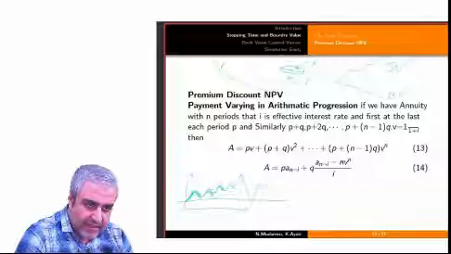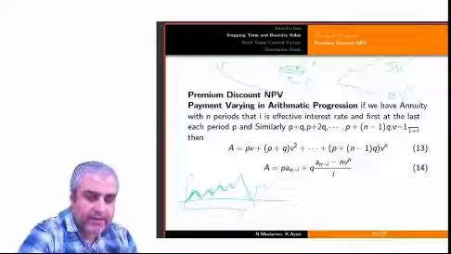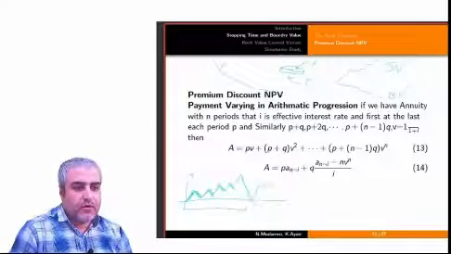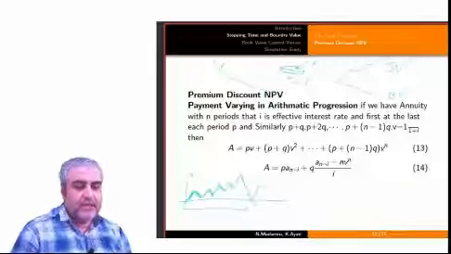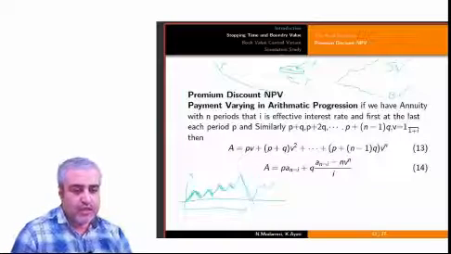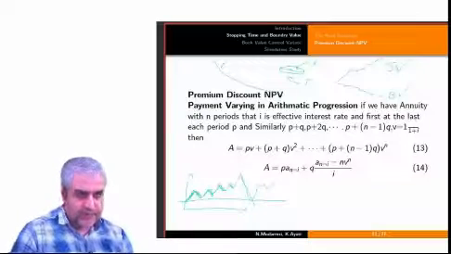We model the book value in arithmetic progression, payment varying in arithmetic progression. For modeling the annuity, it separates into two processes. Up is a stock, down is bond.